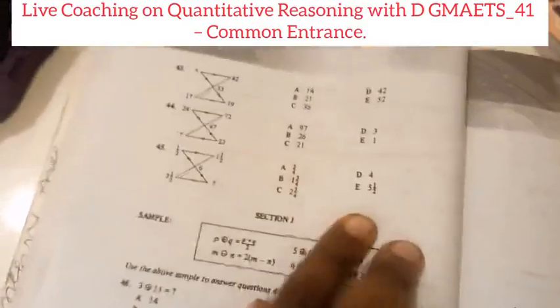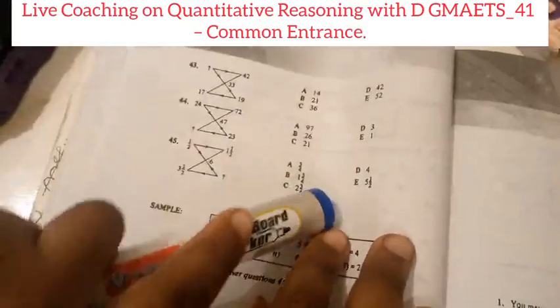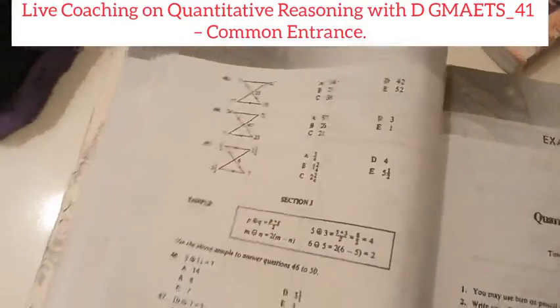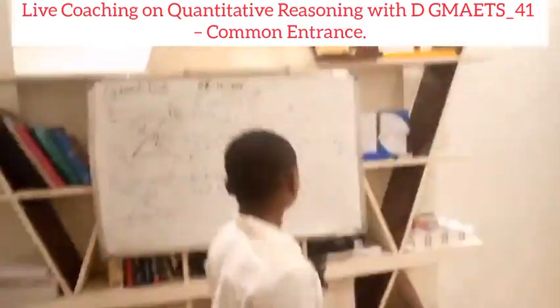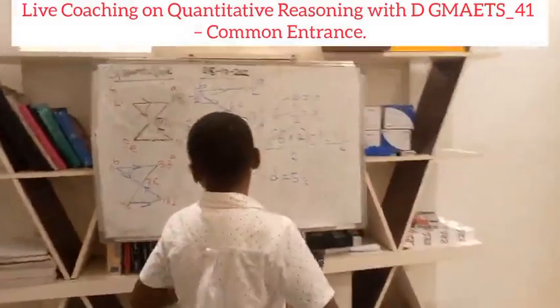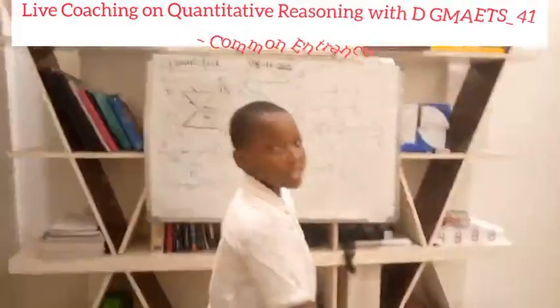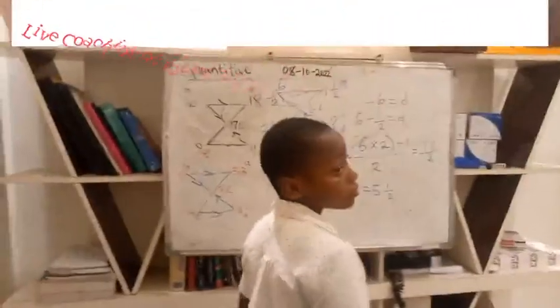So let's go back to our options. Okay, let's see the options. E. So the correct option, the value is what? 5 whole number 1 over 2, right? Yes. Which is option what in the past question? E. Okay. Justice has been done.